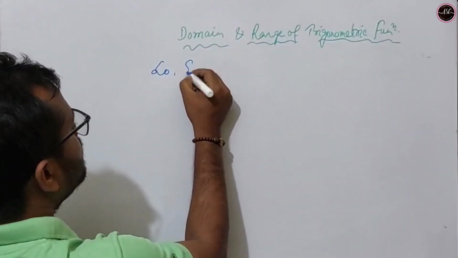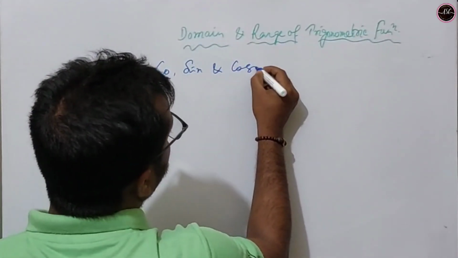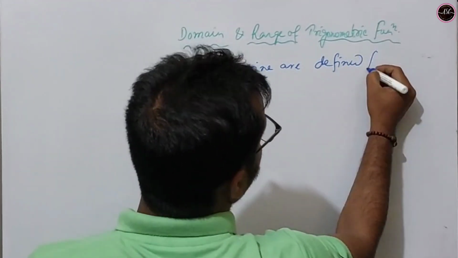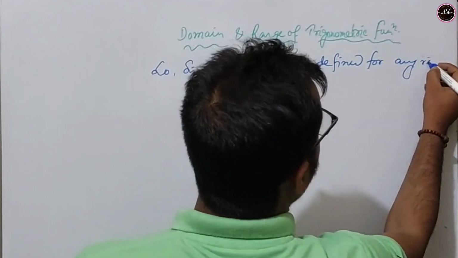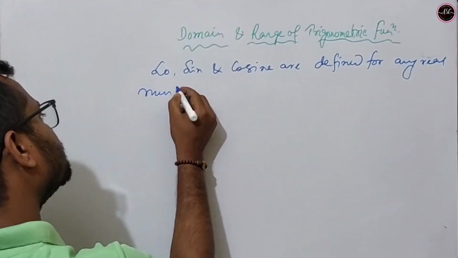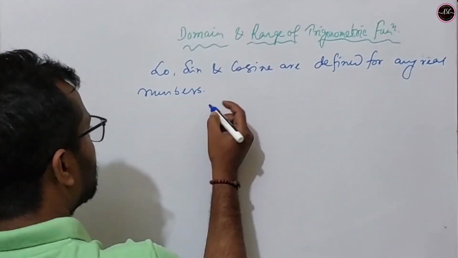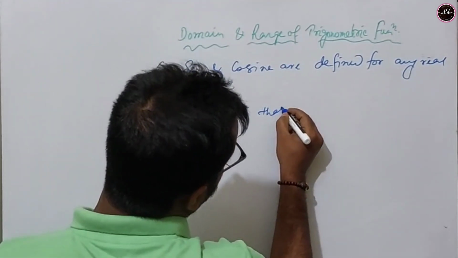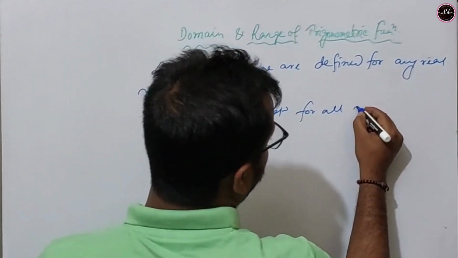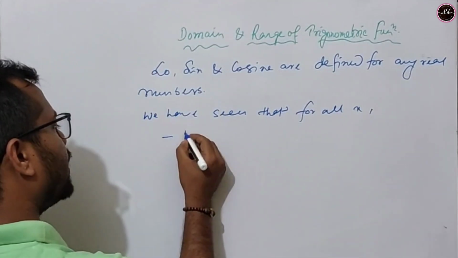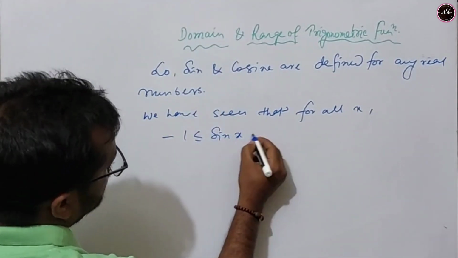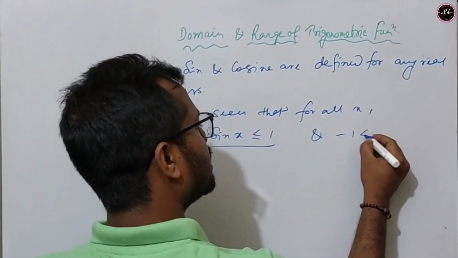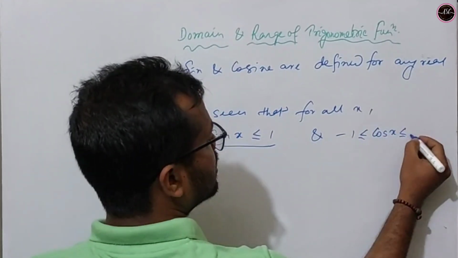So sine and cosine are defined for any real number. We have previously seen that for all x, minus 1 is less than or equal to sin x, which is less than or equal to 1, and also minus 1 is less than or equal to cos x, which is less than or equal to 1.